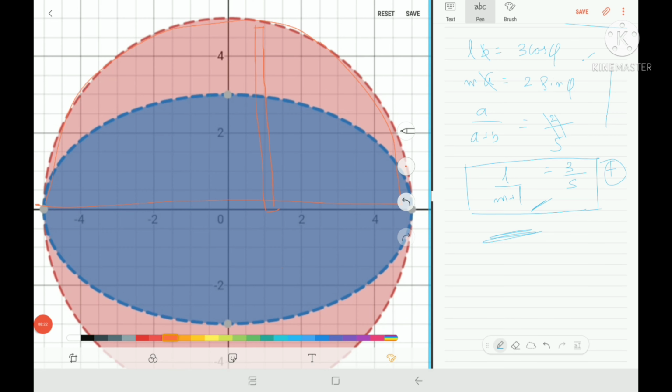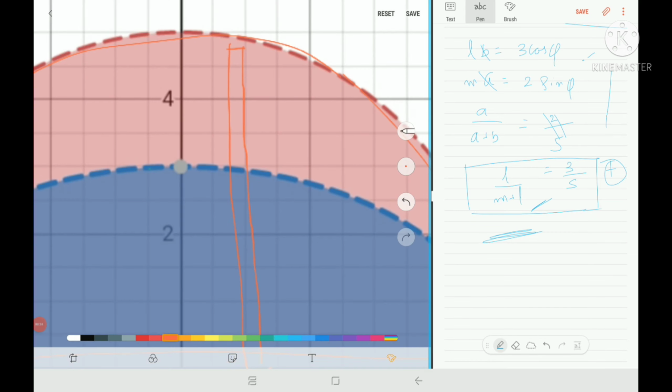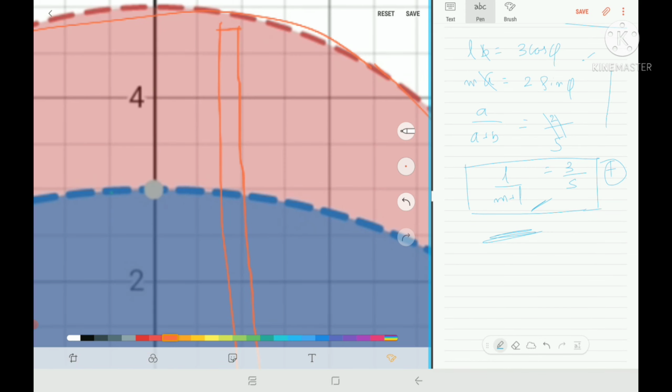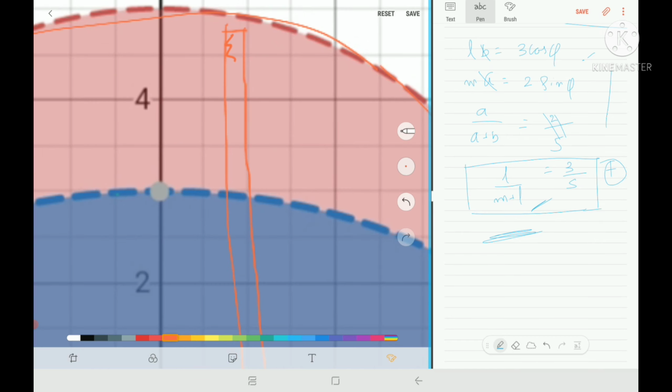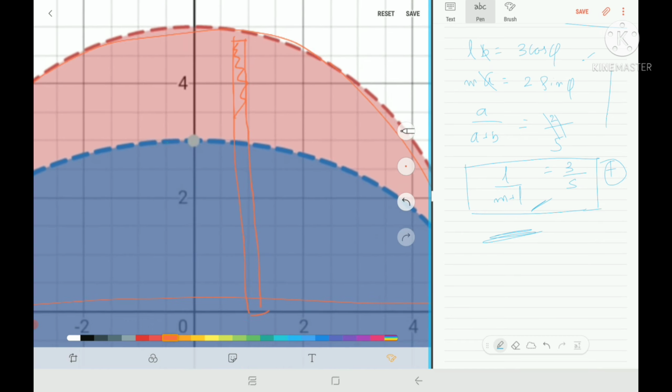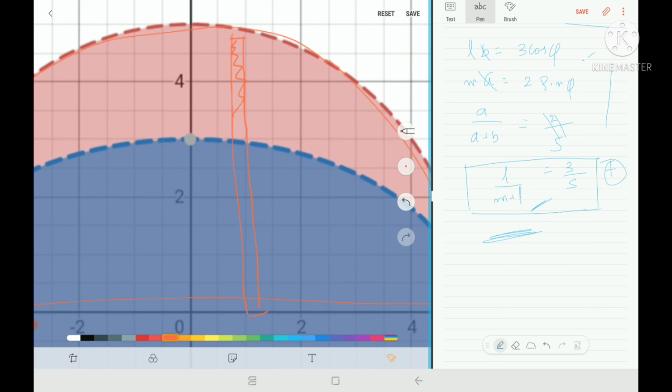So in this rod, in this bar kind of thing, the red portion to the blue portion is the value of m by l, and what we're interested in is l by m plus l.